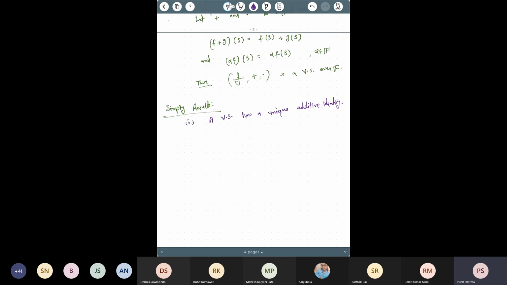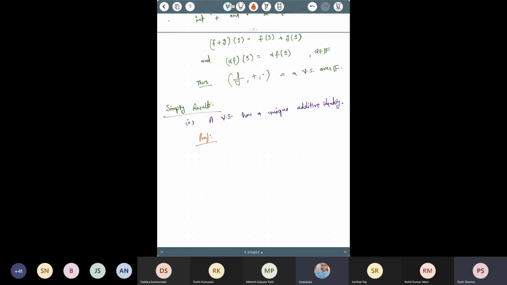So let us prove this. Tell me the proof. You want to say that if V is a vector space, then it cannot have two additive identities; it will have only a unique additive identity. So how would you prove this? By contradiction.